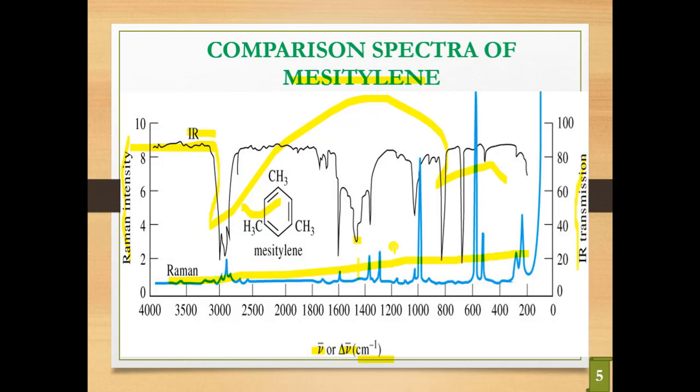For the two mechanisms, transitions are there, but the probability of transition is different for IR as well as Raman. So in some molecules we are observing only IR peaks, in some only Raman lines, and in some molecules we are observing both lines. But here there is a change in intensity.